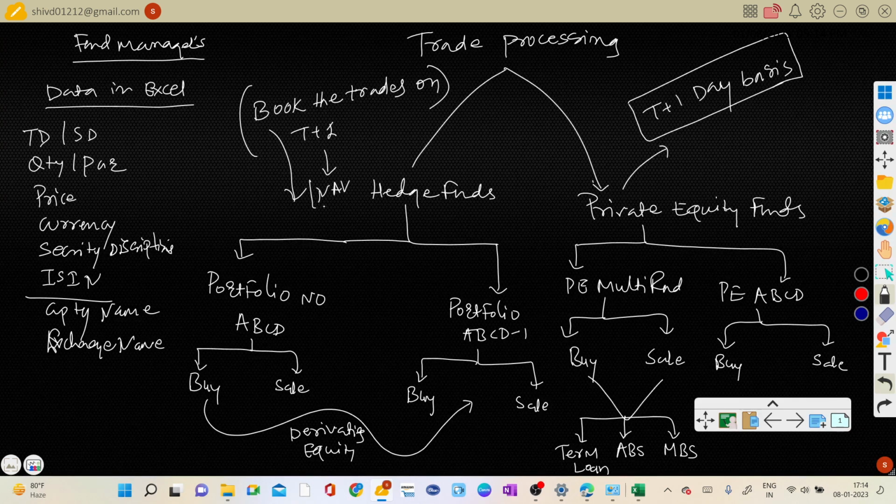NAV means net asset value table. NAV table. Confirmation. Any doubt, any question so far? No, sir. No, right? No. Yes.